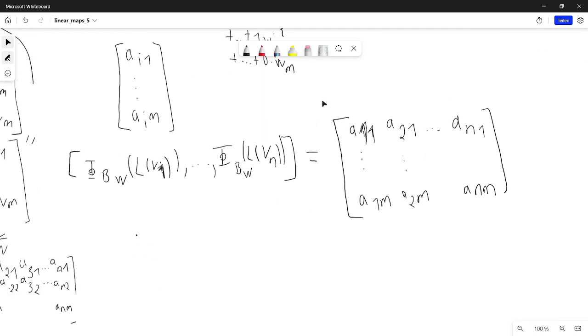We have to multiply by something that is compatible by dimension, right?